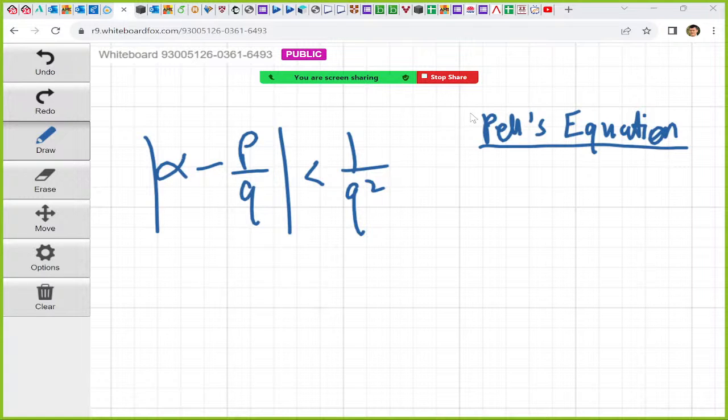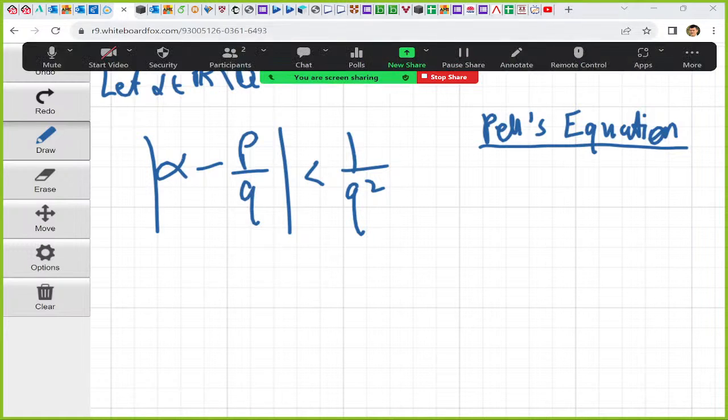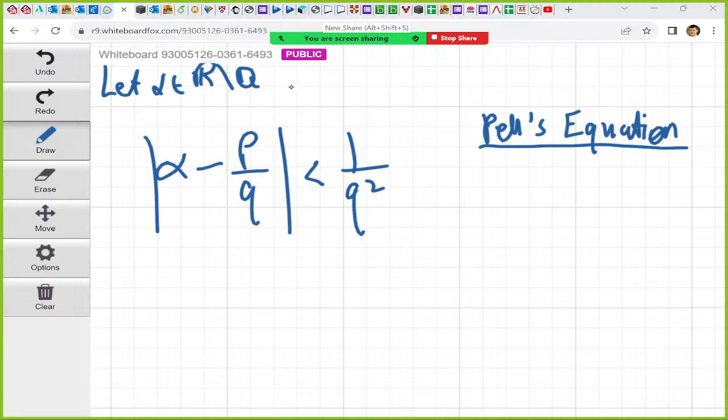Okay, so now we're going to use this. You're given alpha, so it's irrational, and we want to show there exist infinitely many pairs p, q. And if there's one, there's infinitely many.